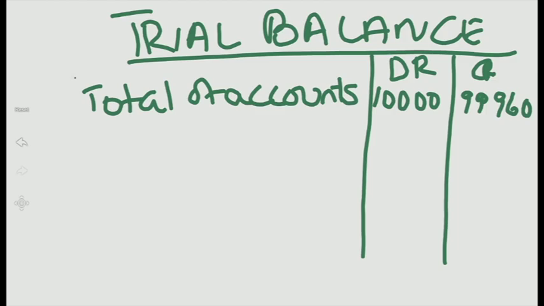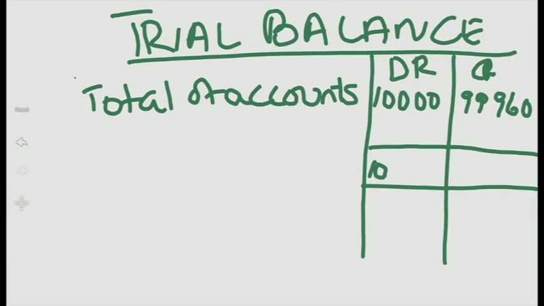When we prepare a trial balance, we know that both the debit and the credit side should give us the same figure. But in this case, it has not. Under normal circumstances, we will expect the figure to be 100,000 on both sides.